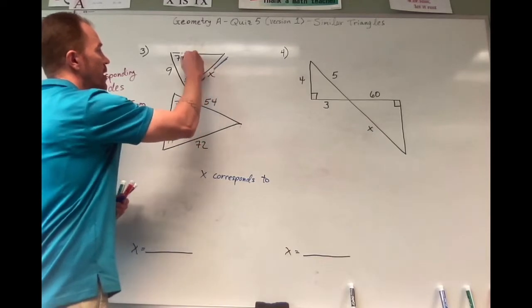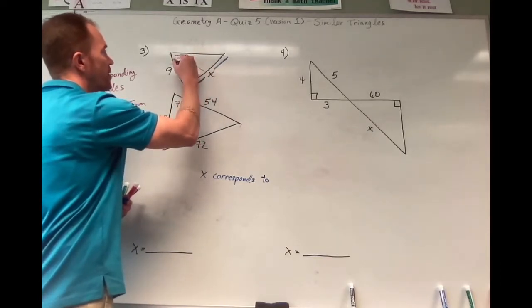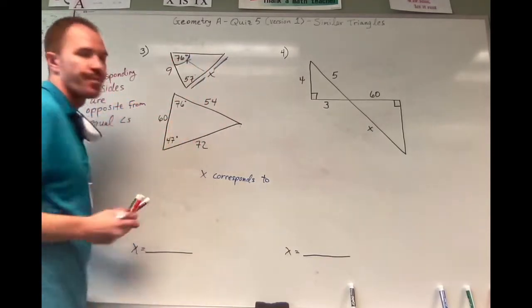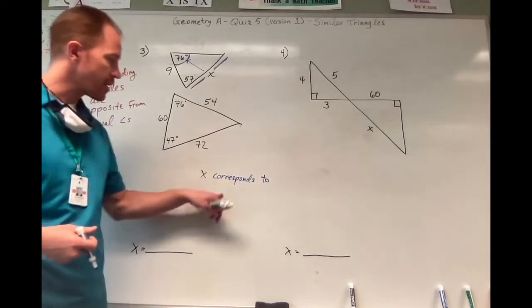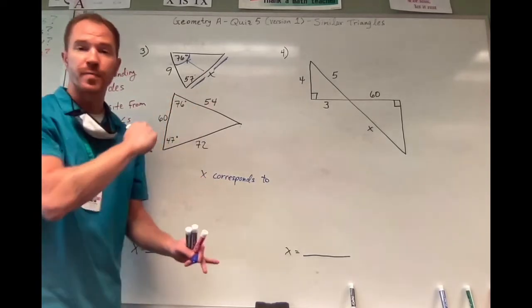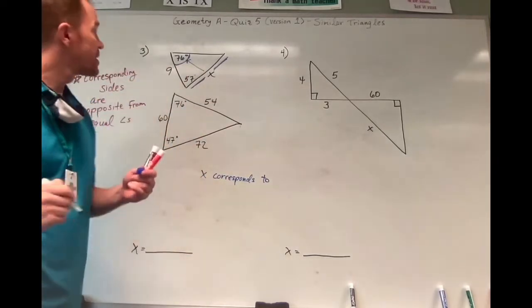If I go across the triangle, we've got a 76-degree angle here. So in the other triangle, the corresponding side to x is going to be opposite the 76-degree angle.